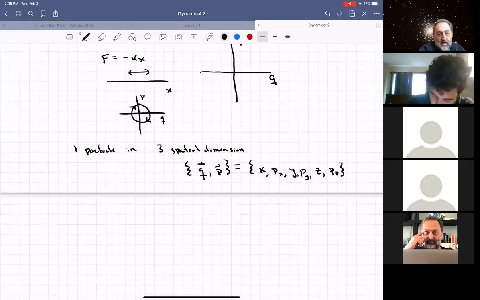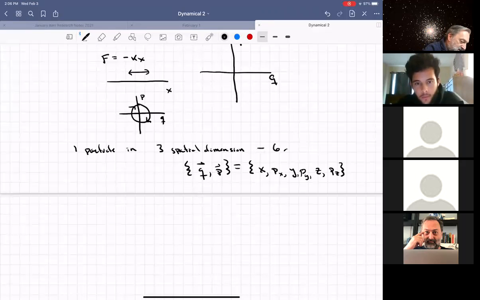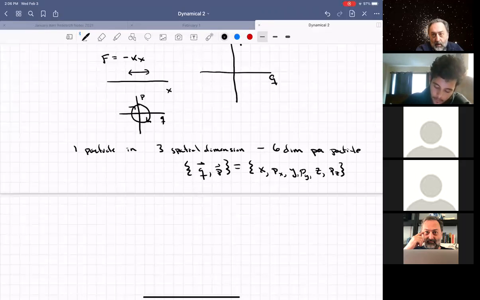So the phase space of one particle moving in three spatial dimensions is a six-dimensional space. And so generally speaking, to describe the physics of a single particle that can move in x, y, and z, we're talking about paths through six-dimensional phase space.